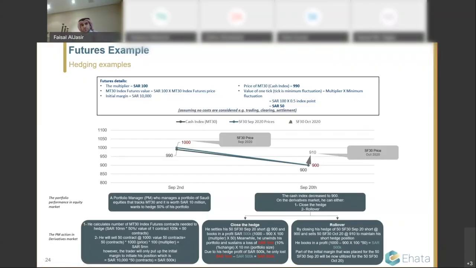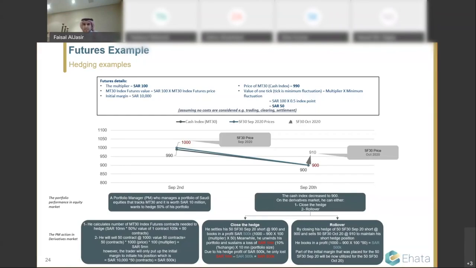The hedge just made him a gain of 500,000 Saudi riyal, meaning that instead of having a loss of 1 million Saudi riyal, he has managed to reduce that loss by 50%, to a loss of around 500,000 Saudi riyal. That's if he decided to close the hedge.